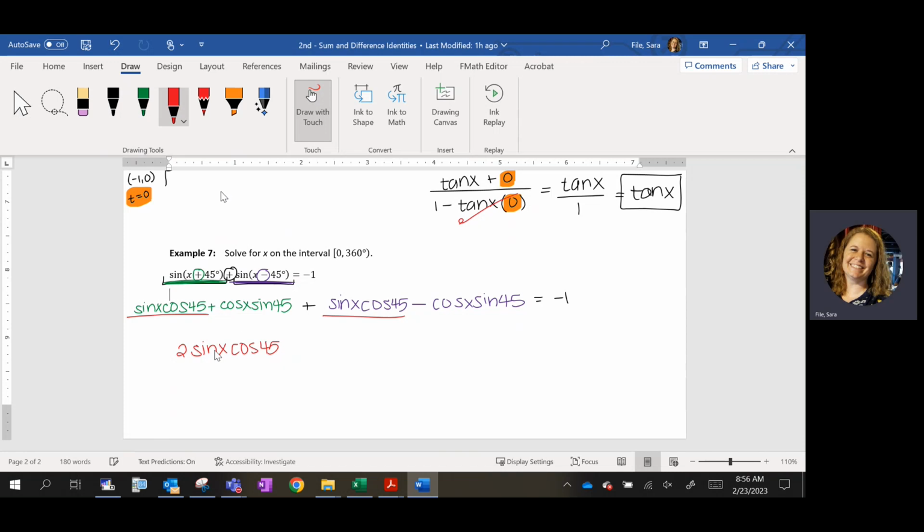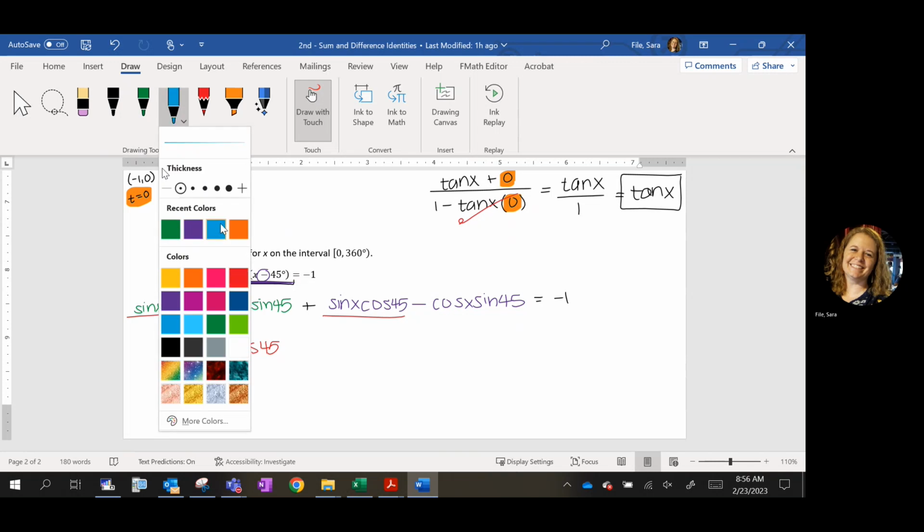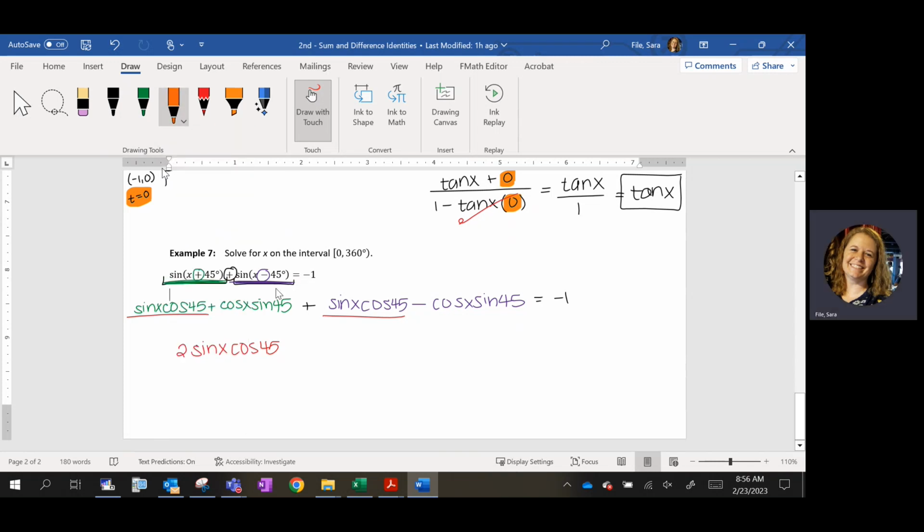What else? Yep, they sure do. This one here is positive. See that plus? And this one here is negative of the exact same thing. So those cancel each other out. That's gone. That's a 0. So this is what I've got so far, equal to -1.